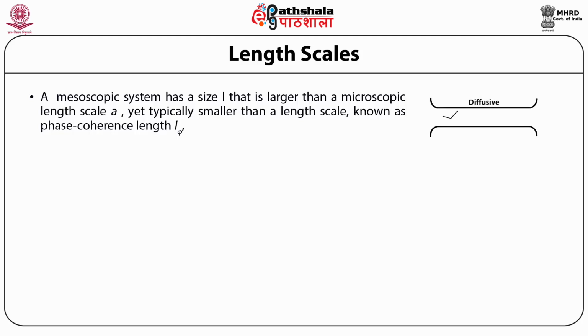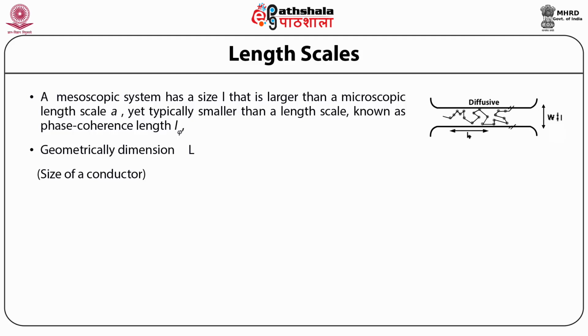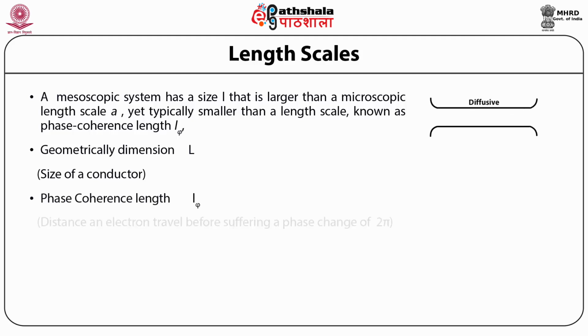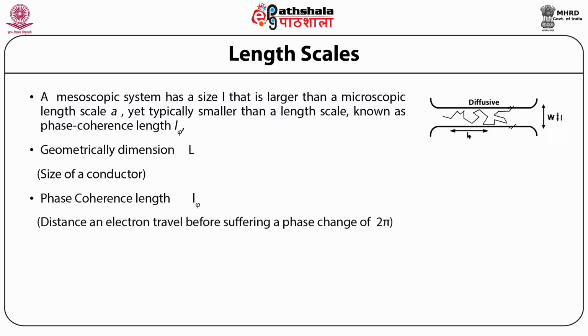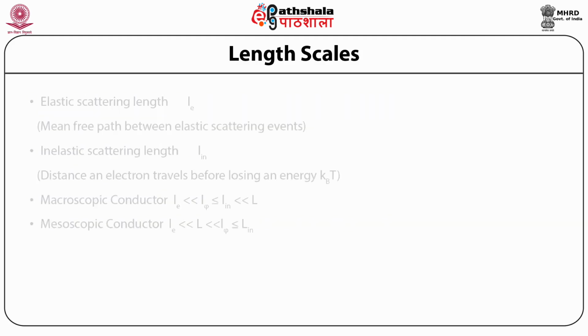As shown in this figure, capital L is the size of the conductor, a geometrical dimension, and L phi is the phase coherence length, the distance an electron travels before suffering a phase change of 2 pi.